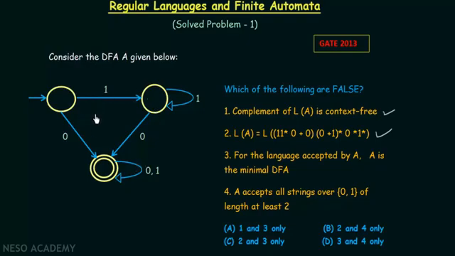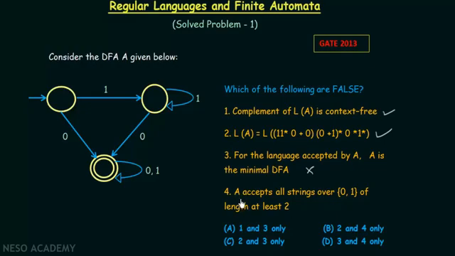But just now we proved that that is not the minimal DFA, but the minimal DFA can be designed using just 2 states. So this statement number 3, which says that this is the minimal DFA, is actually false. This is false because we have shown that the minimized DFA has only 2 states. Alright, so statement 3 is false.